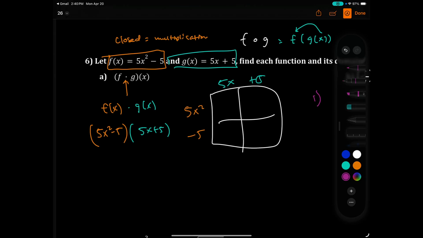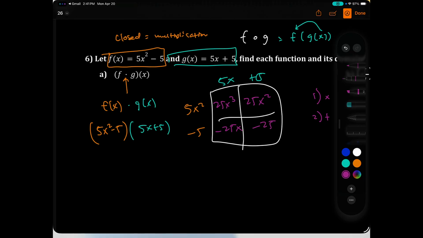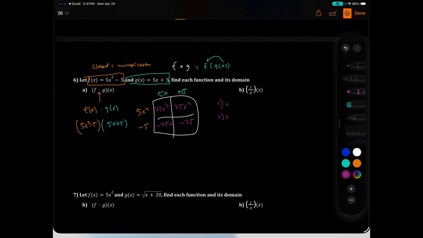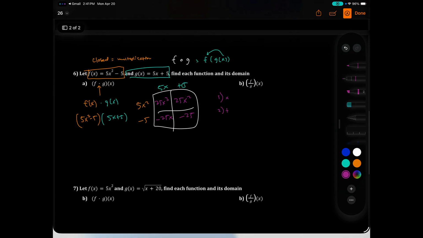You're going to first multiply, and then you're going to add. So let's multiply: 25x to the third, 25x squared, minus 25x, minus 25. Okay, so let's get my answer now. 25x to the third plus 25x squared minus 25x minus 25.